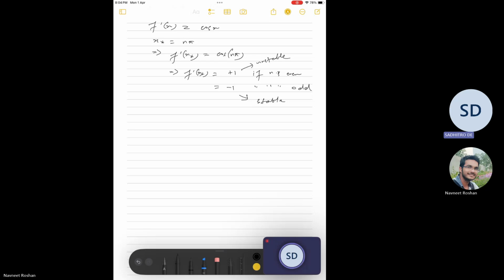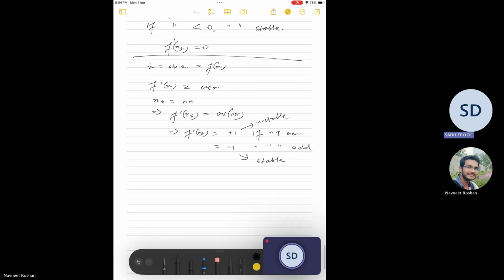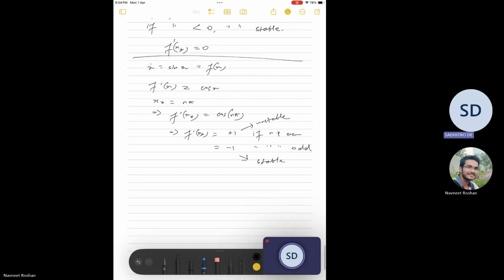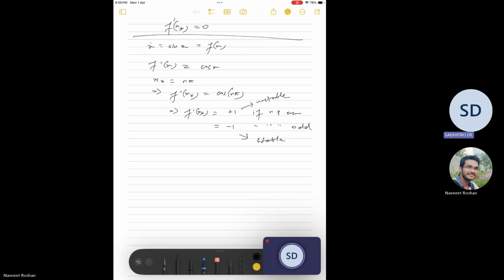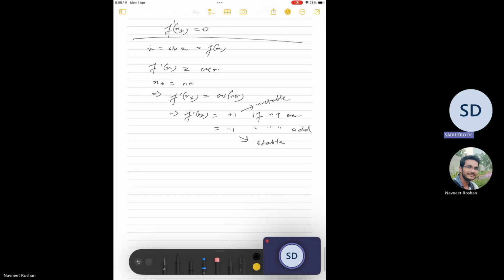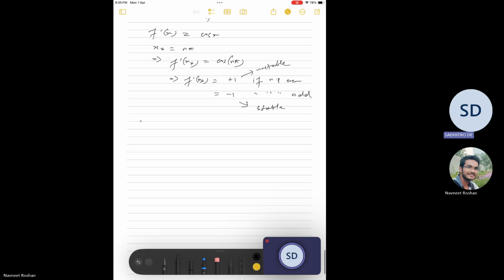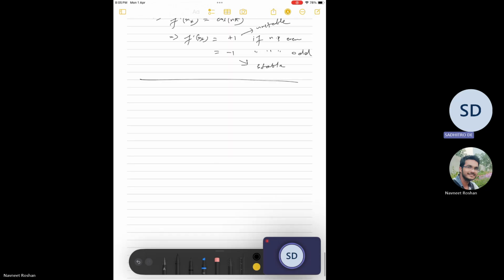Okay, and one more thing which I should state over here is that you can also find out the characteristic time scale of decay of perturbations. Why? Because we saw that the perturbations eta of t grow as eta 0 exponential of f dash x star into t.